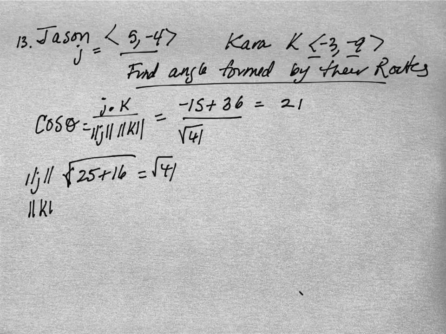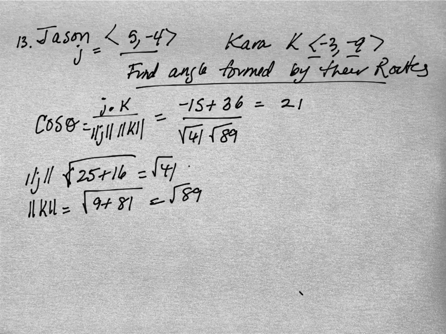And the magnitude of k is equal to the square root of negative 3 times negative 3, which is 9, plus negative 9 times negative 9 is 81. So the square root of 89. So we have 89, 90. Can't add, sorry. Square root of 90.